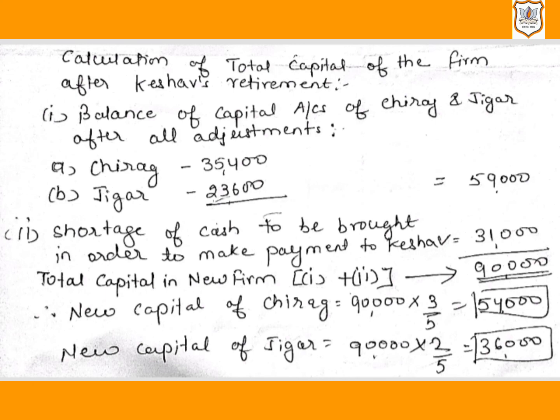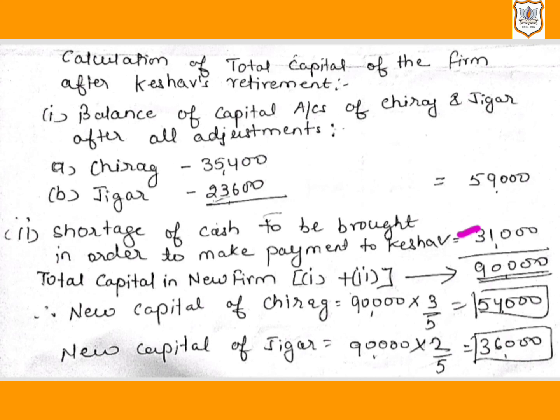If you add amount payable to Keshav, that is 19,000, and working capital, that is 14,000, and then subtract opening cash balance, that is 2,000, you will get 31,000 as shortage of cash to be brought in order to make payment to Keshav.